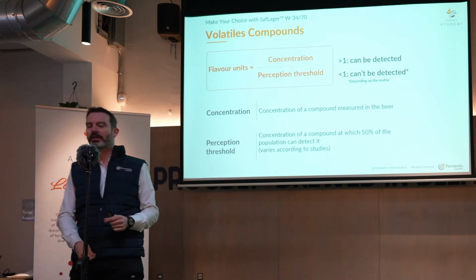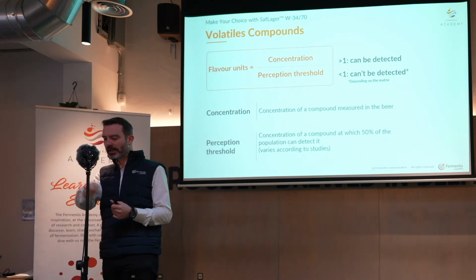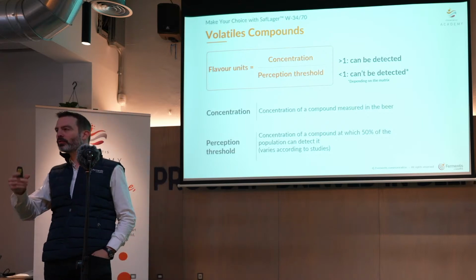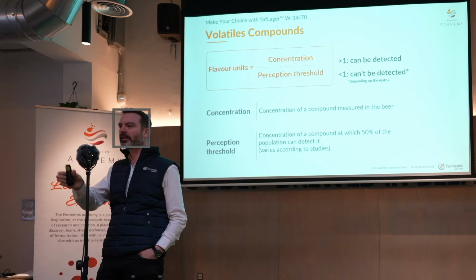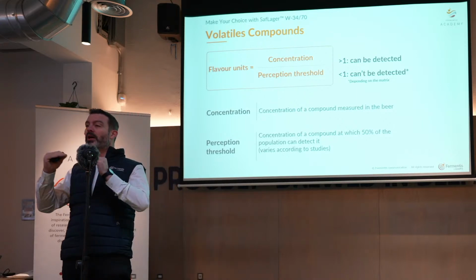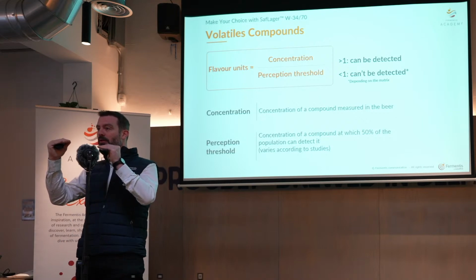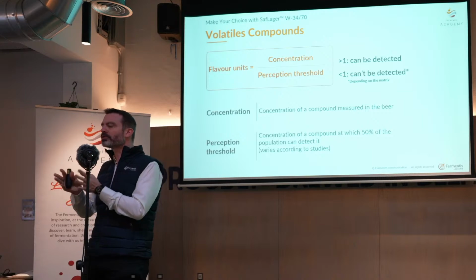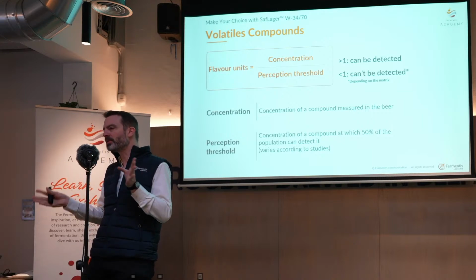And your only task is to say, I detect, or I don't detect. And we define the threshold when 50% of you detect the compound and 50% don't. So when we are at the threshold, we are at average perception by a certain population, in a specific condition.